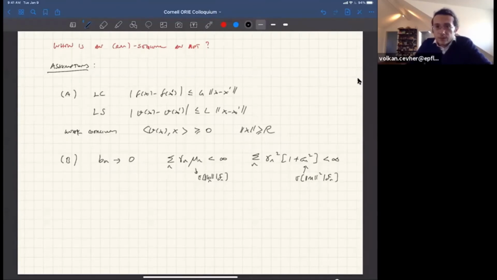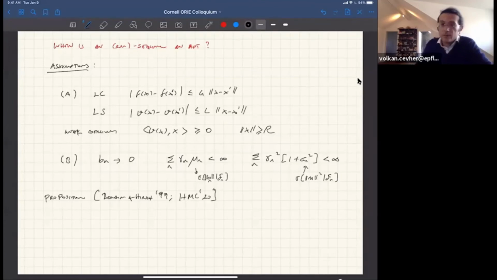So here's a proposition, and this is from Benaim and Hirsch '99, and we have a slightly changed version of it with C, Mertikopoulos, and Cevher.